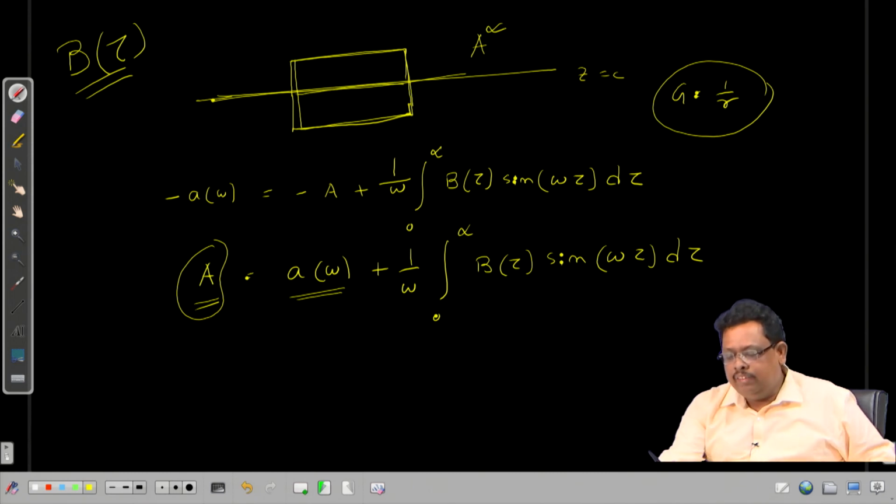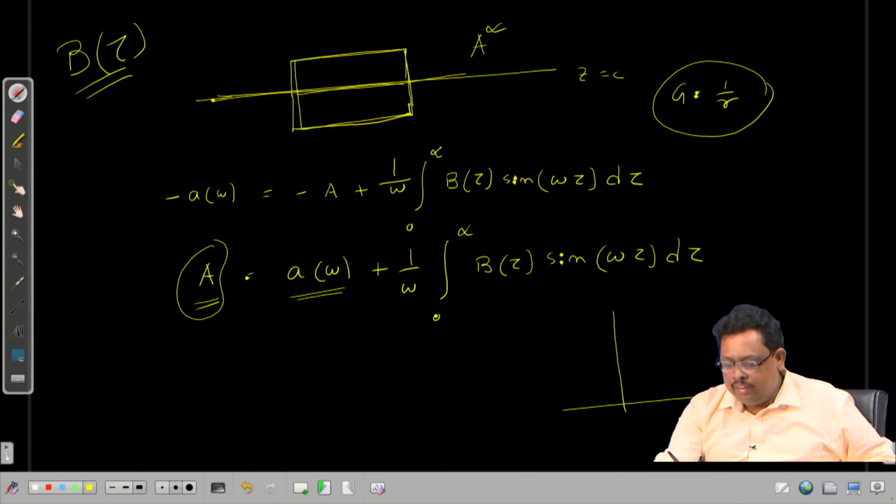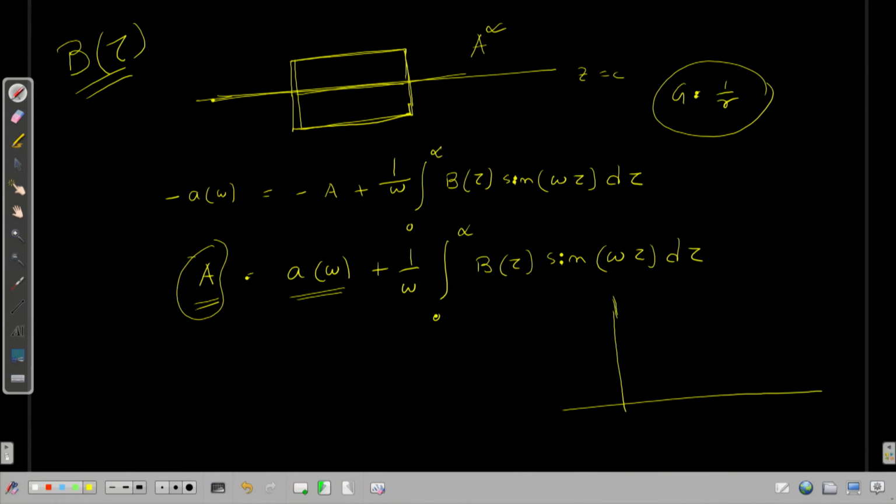Now, what I am going to do is as follows. I am trying to plot this function A with respect to all omega. So, that is actually my objective, right. So, how to proceed?